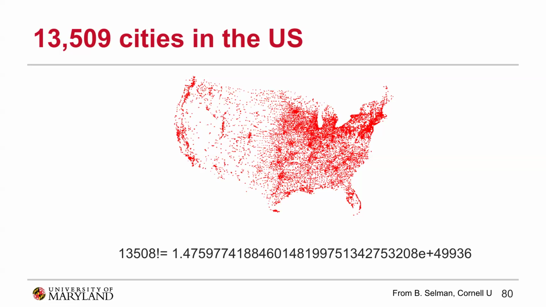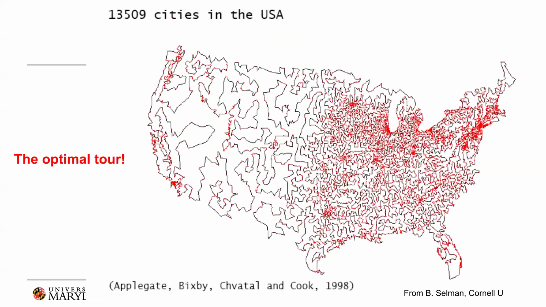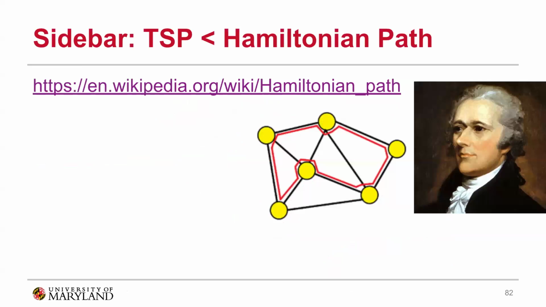The total possible number of ways is very large, and the state space would be very large. So is there any optimal way to do so? This is one of the figures in the research where people provided the optimal tour of visiting the US by moving through the cities.